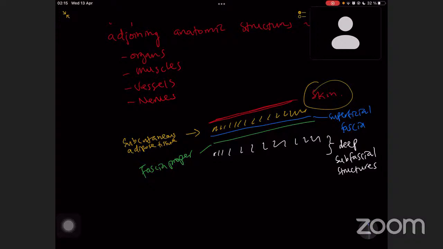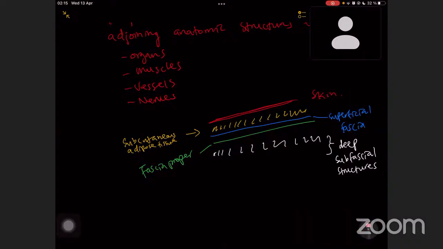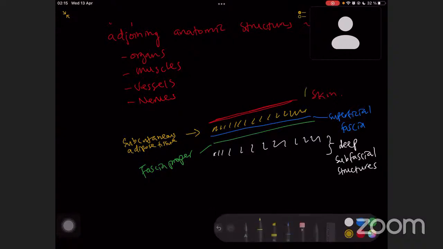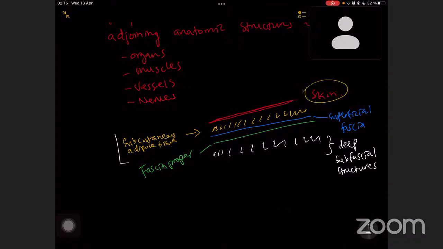The layer by layer study of the body is one of the main approaches in studying topographical anatomy. In every anatomical region, we always start with the skin. The first layer is always the skin, followed by the subcutaneous tissue.